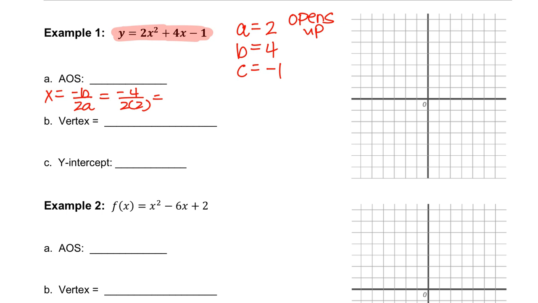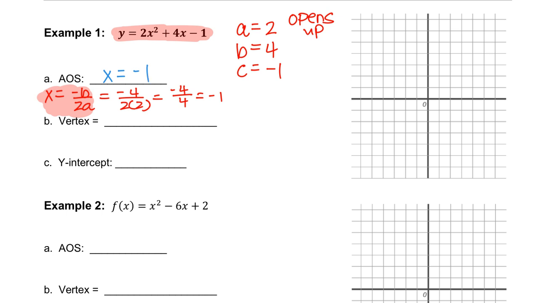That's -4 over 4, which is -1. I just plugged it into that formula, -b over 2a. We do have to know this formula. Then we just plug the a and the b into that formula. So my axis of symmetry is at x equals -1.